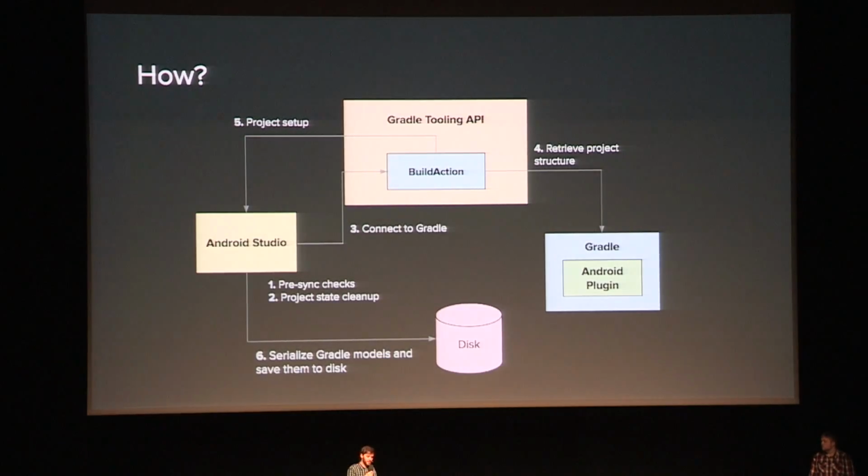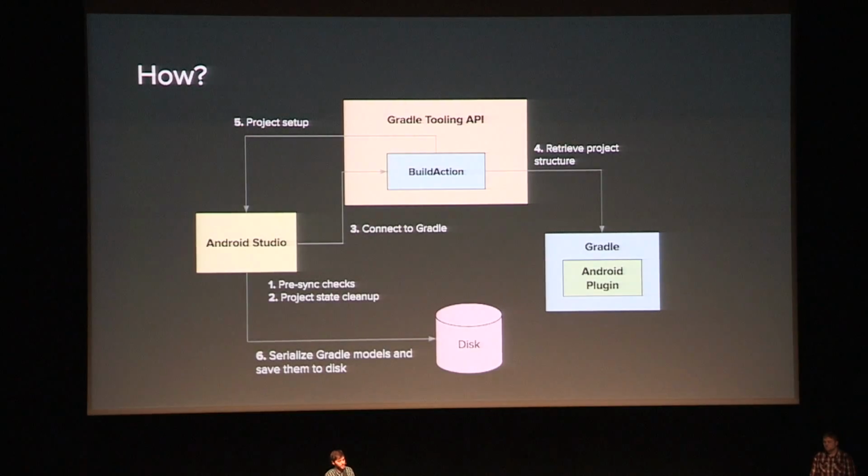And why do we need a build action, a piece of code to run inside, instead of just asking for the model directly? Because each module in IntelliJ is a project in Gradle, and they are independent. So you can ask for a model for one project, but we don't want to call Gradle once for each module. We want to have all the models that we need together at the same time.